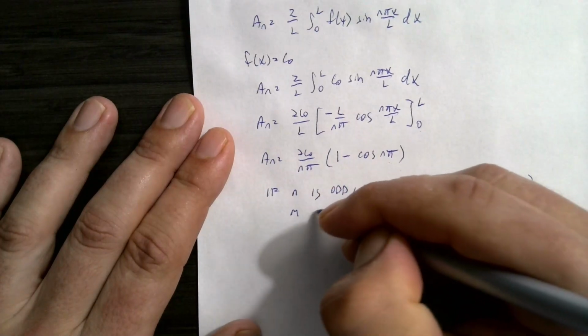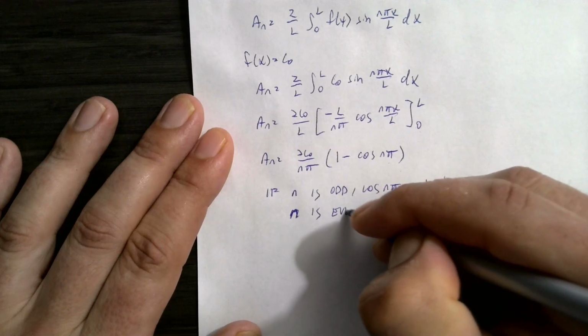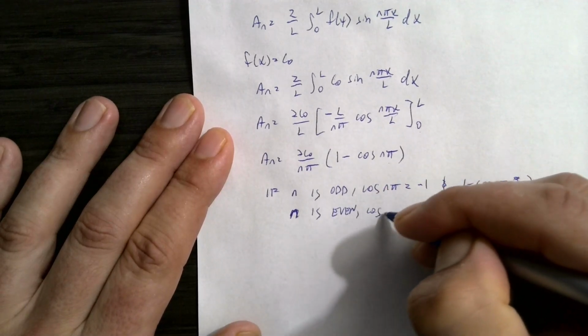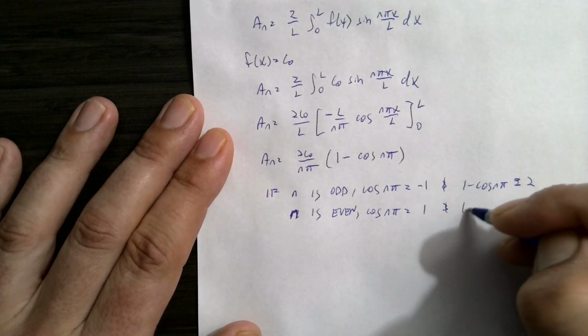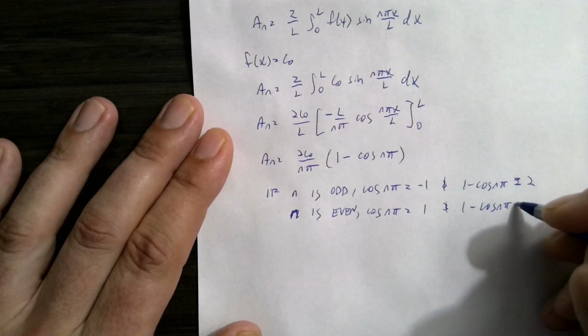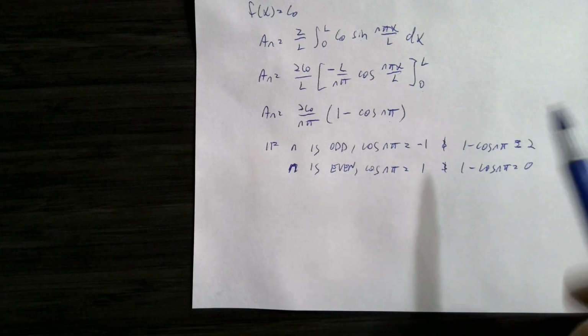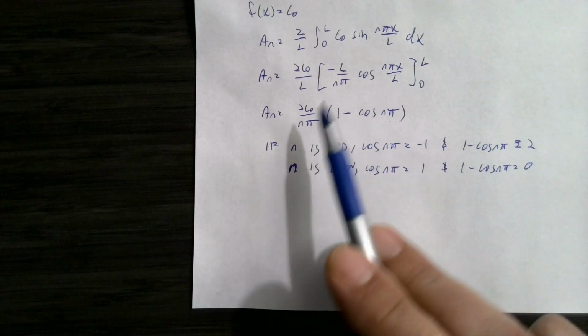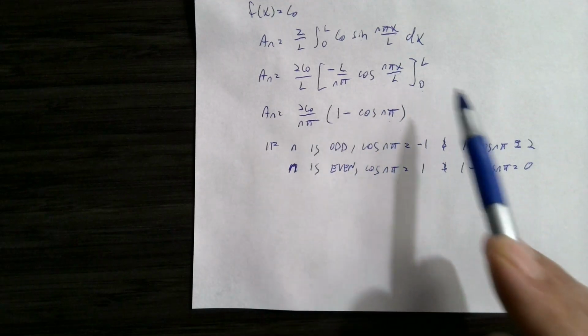On the other hand, if n is even, cosine of n pi is equal to positive 1, and 1 minus cosine of n pi is equal to 0. So really what this is telling us is that our a sub n coefficient for the even numbers is 0, so it can be ignored.